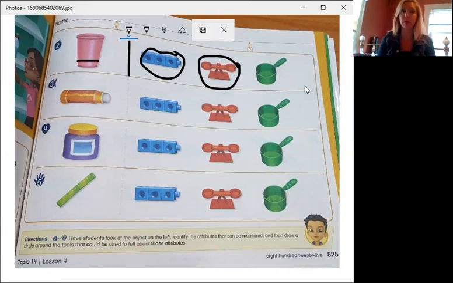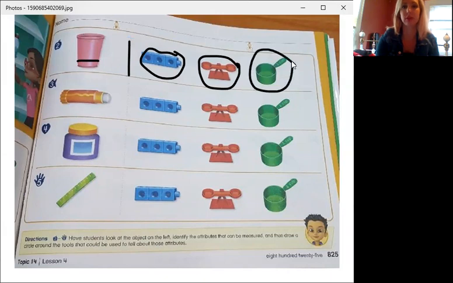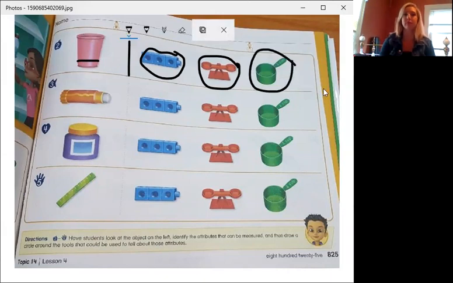Yeah, we talked about we can put water inside the measuring cup. Go ahead and circle that. So we can measure this bucket of water with all of these different things: length, weight, and capacity.